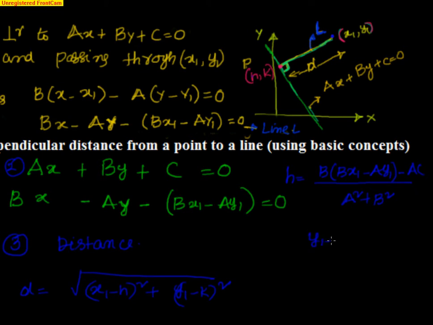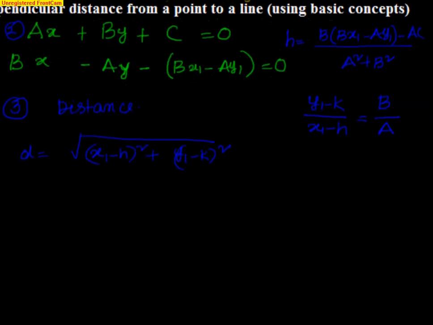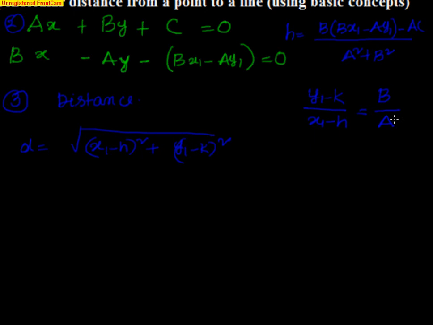We have another tool with us. That's nothing but slope. Y1 minus k by x1 minus h is nothing but equal to the slope of this line, which is b by a, since the given line has slope minus a by b. I am going to leverage this, that's why I am writing it here. Now using this equation, I will convert this whole thing into only x1 terms, right?